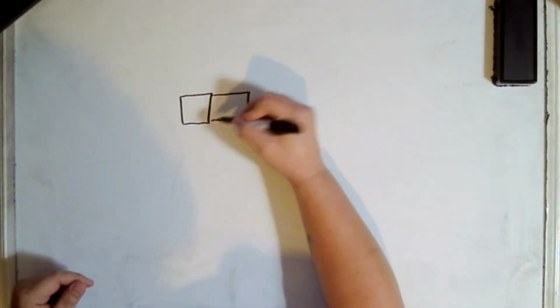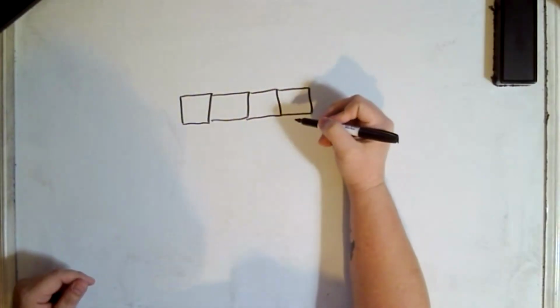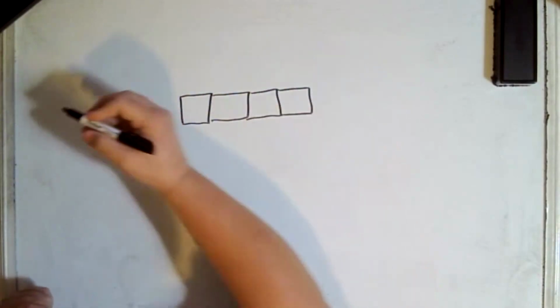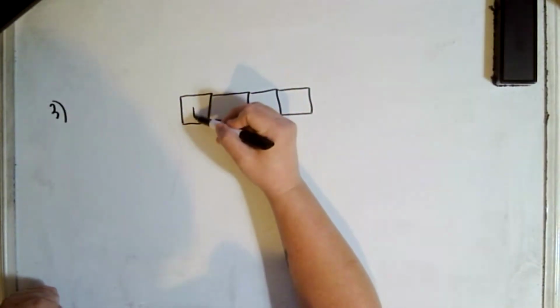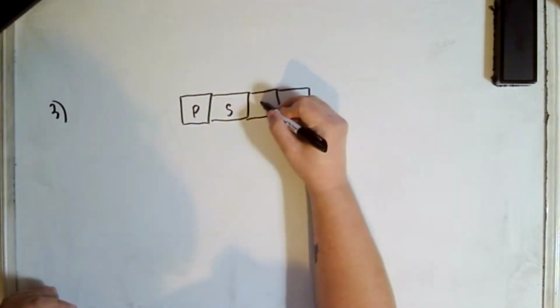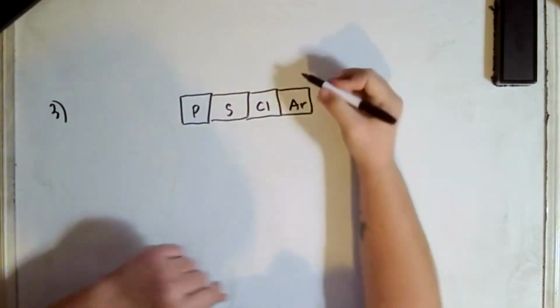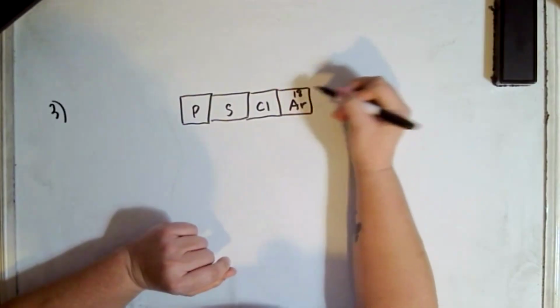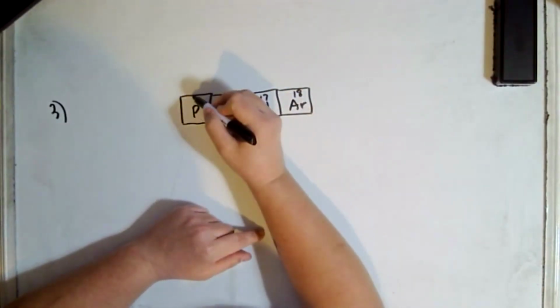What I'm specifically sketching out here is the end of row 3 on your periodic table. This is going to be phosphorus, sulfur, chlorine, and argon. Argon, atomic number 18, 17, 16, and 15.